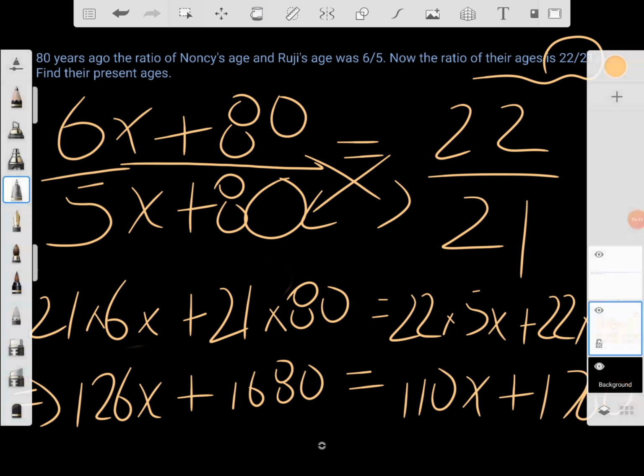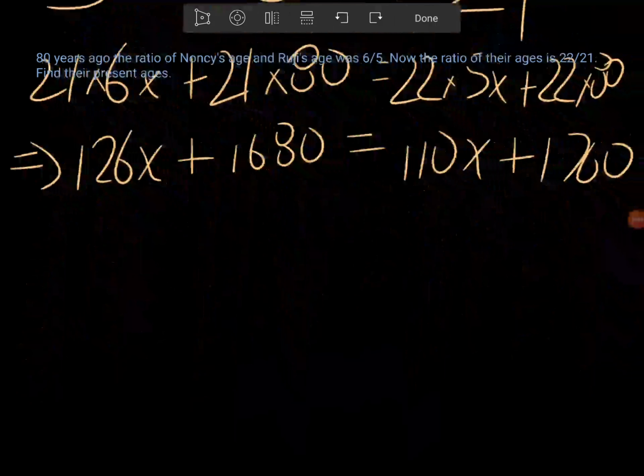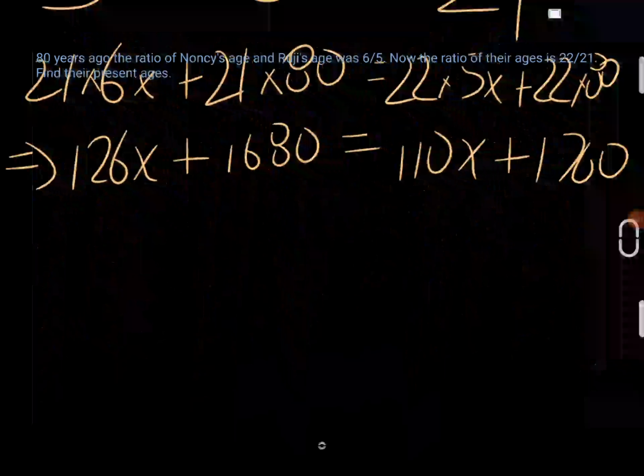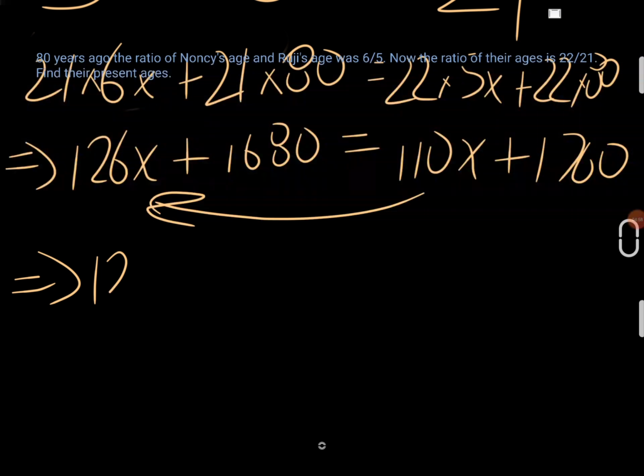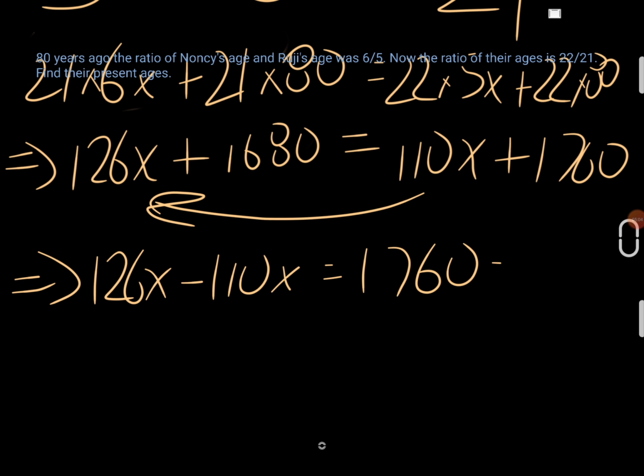Once you solve this, you'll have to move the like terms together. So 126x minus 110x is equal to 1760 minus 1680.